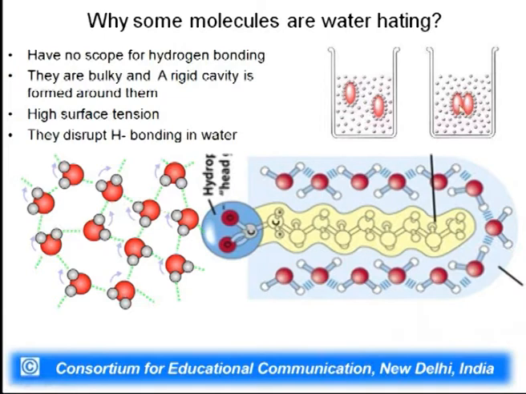Eventually, what will happen? These two droplets will coalesce and will result in only fewer molecules being placed in the rigid cage-like formation. So, what has changed here?